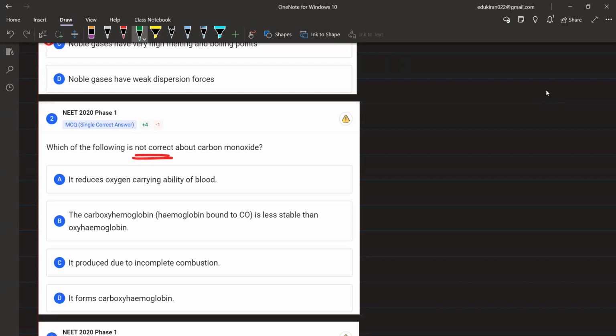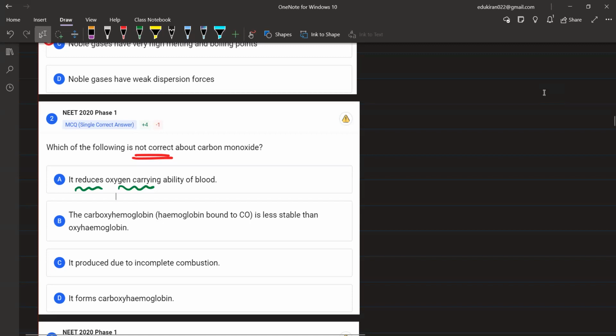Okay? And the purpose of hemoglobin is to do what? It is to carry oxygen atoms. Now, if you have more carbon monoxide, then what it can do? It can get attached to hemoglobin. And if it is getting attached to hemoglobin, the oxygen नहीं attach हो रहा है. And since oxygen is not attaching, it will reduce the oxygen carrying ability of the blood.